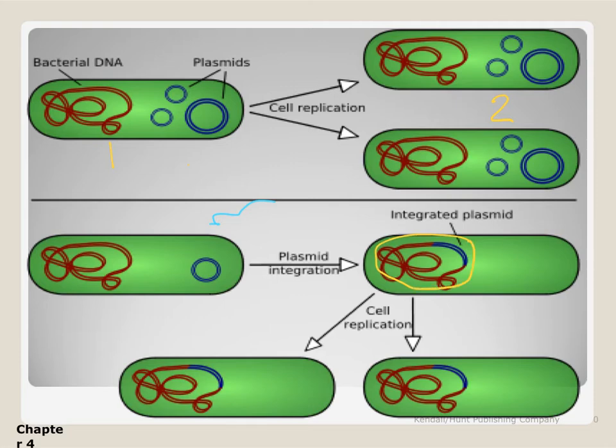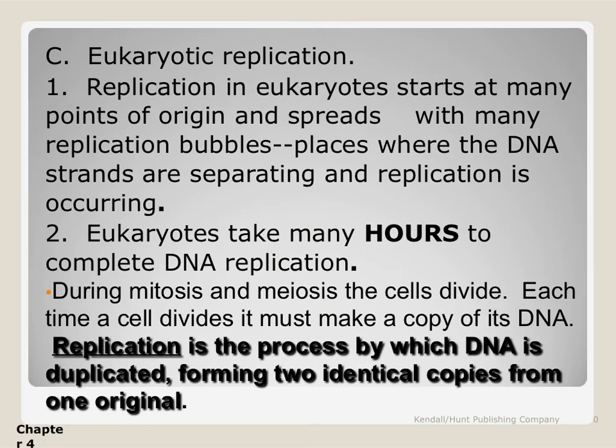So plasmid is actually separate. Plasmid has some genetic components, but the main component would be in the red part. And then it's going to integrate, and then it's going to replicate, and then there you get two new cells. It's pretty simple.